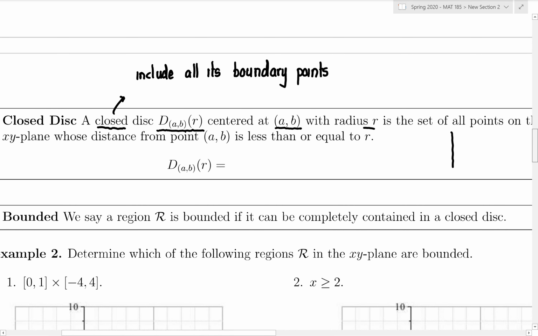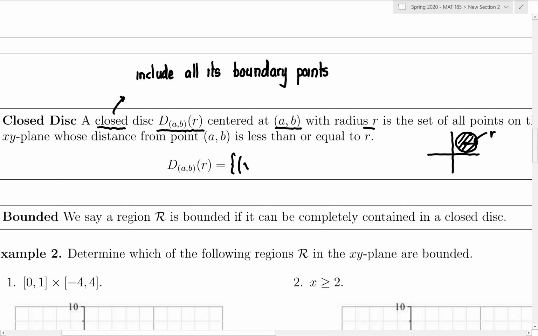So here's a picture I want you to keep in mind. Here's my point (a, b). The closed disk is all the points that are at most distance R away from our point (a, b).